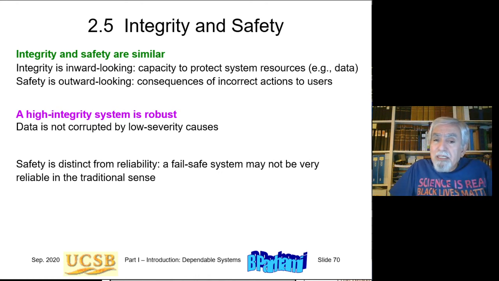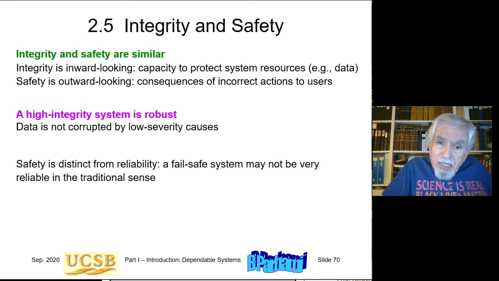So we can make a system fail-safe, for example, if human lives can be in danger, because a system that fails safely, and we know that it has failed and it's in a particular state that we can detect, then of course we won't rely on that system and therefore we won't endanger any human lives.